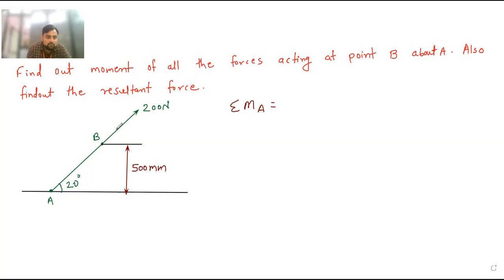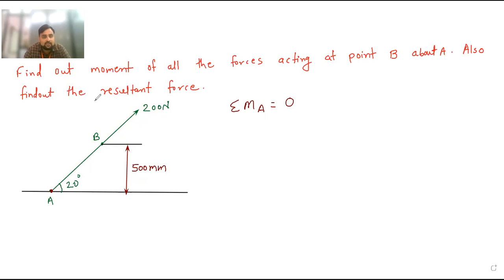So if you see this force of 200 Newton, it is passing through point A. So its moment about point A must be zero because that force is passing through that point. Even if you resolve this and take the moment, you will get the same answer, zero. That is your homework. You resolve this force and then also calculate the moment at point A. You will get the same answer.